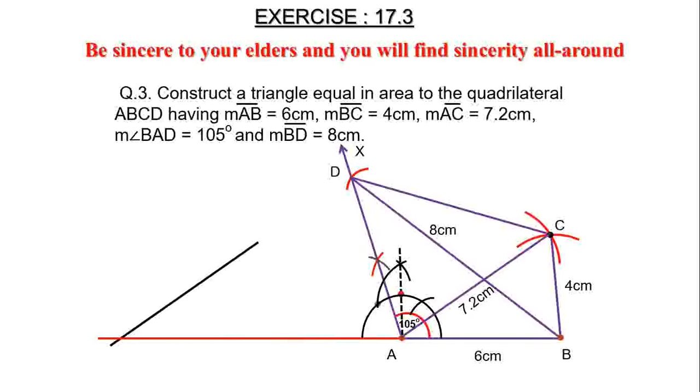Place the scale by the side CA, the diagonal of the quadrilateral, and slide it up to a certain point when the scale touches the point D of the quadrilateral, and draw the line segment DP, and we join C and P to have the required triangle CBP, CPB, or BCP.